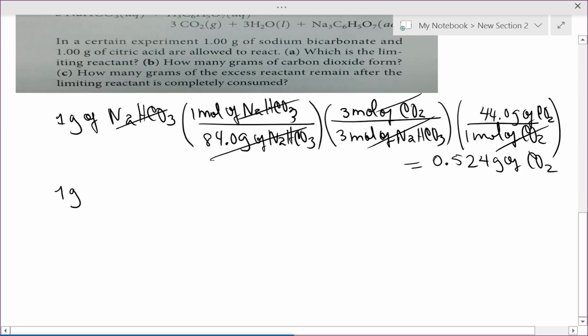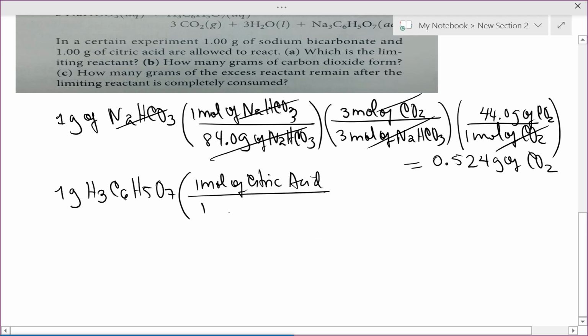So 1 gram of the citric acid, we have 1 mole of the citric acid over, this is equal to 192 grams of the H3C6H5O7.